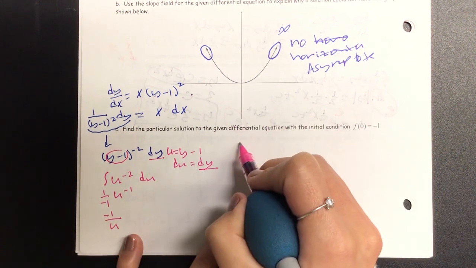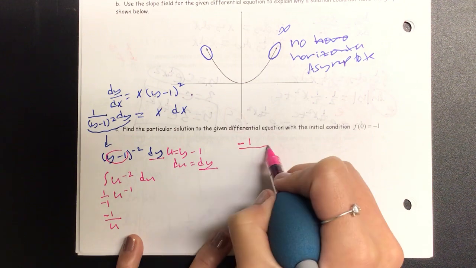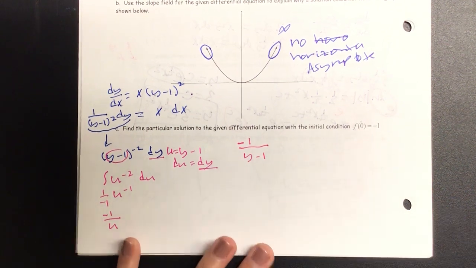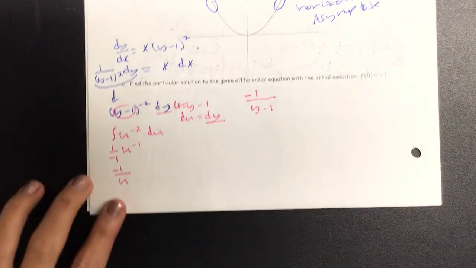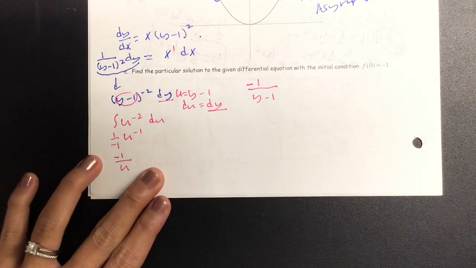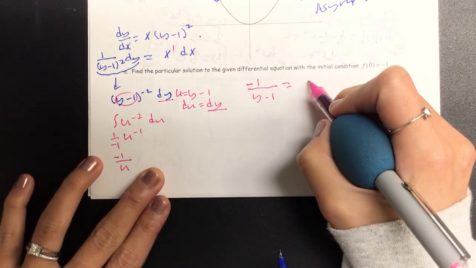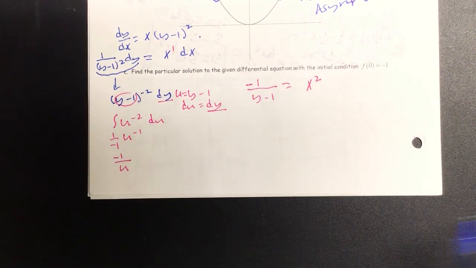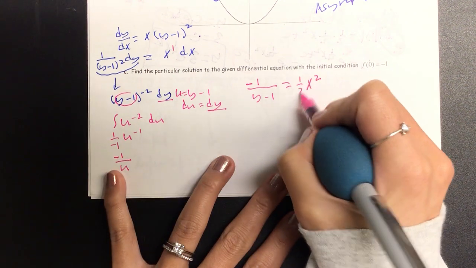Negative 1 over y minus 1. Yep. So that was just the left piece. The right piece is going to be easy because what is 1 more than that x? So x squared, and then we have 1/2 plus c.